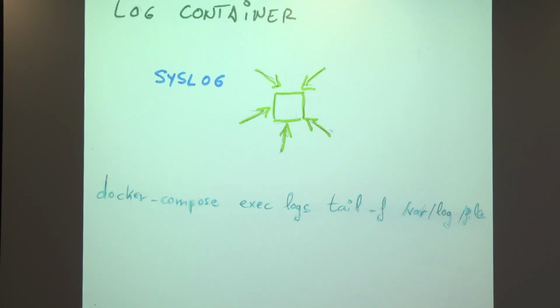There's a container that is just the place where all the other containers send their logs, and then you can execute a docker compose tail on the logs and see the logs of the whole system. That's pretty handy when you're running something like integration tests, because you can see the behavior of the whole system.